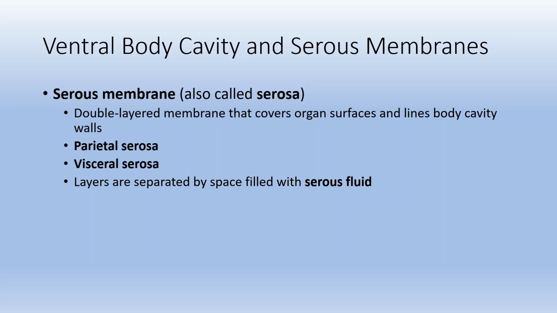In between those two layers, the parietal and visceral serosa, there is a virtual space which is filled with serous fluid. The purpose of that fluid is to reduce the friction produced by these two layers as they move across each other. And the organs that these layers cover are highly mobile.